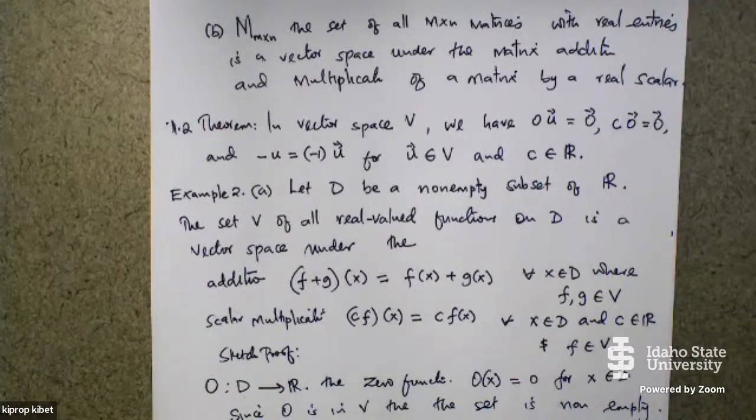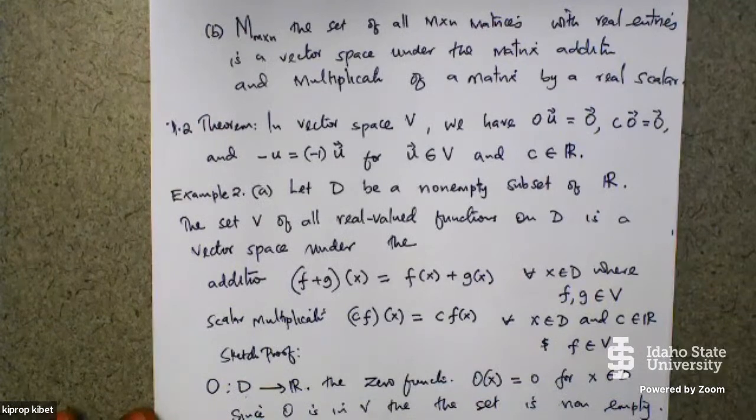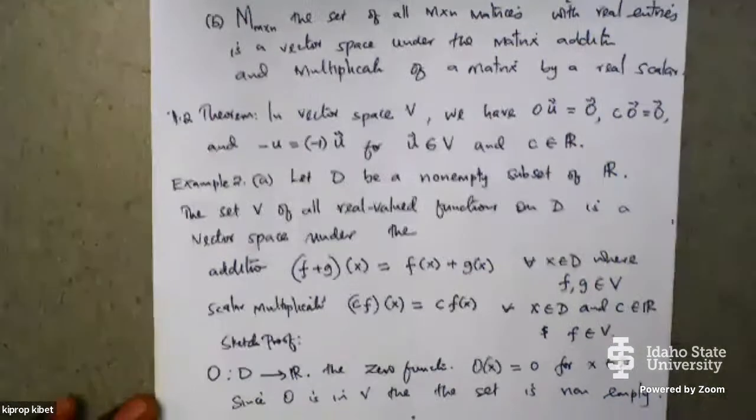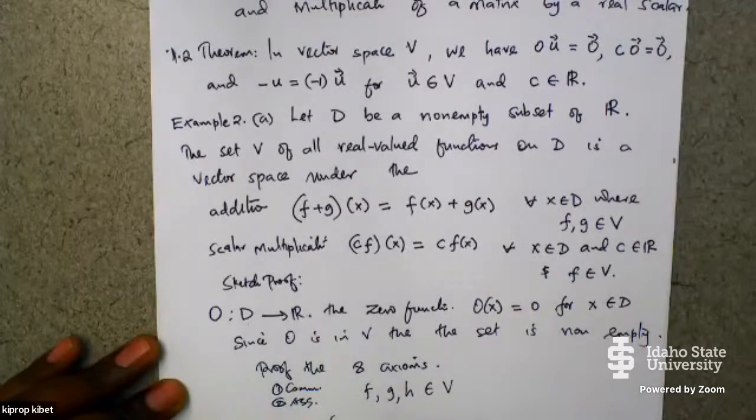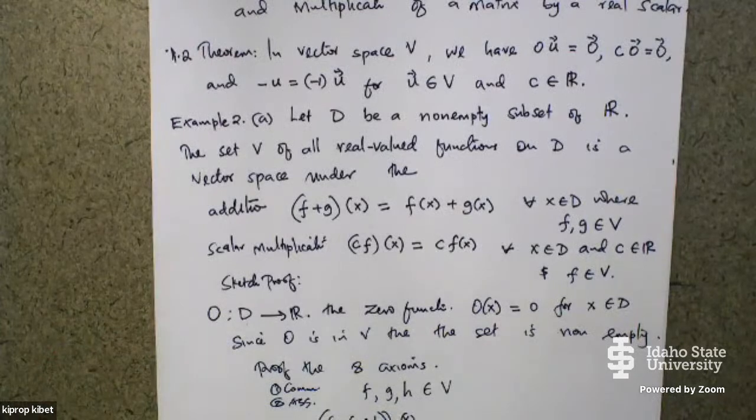If you have three functions f, g, and h in V, then for associativity, f plus g plus h of x can be written as f of x plus g of x plus h of x.